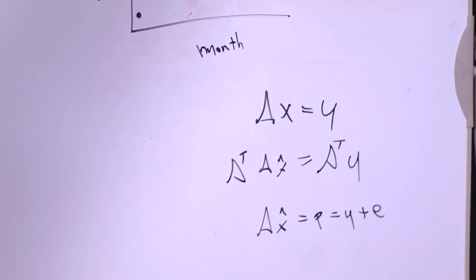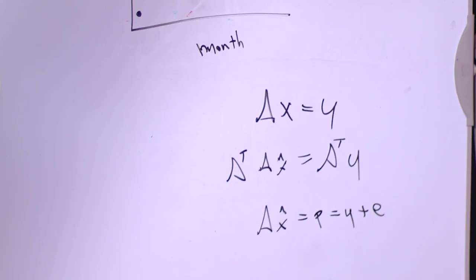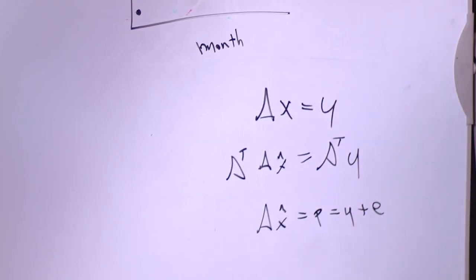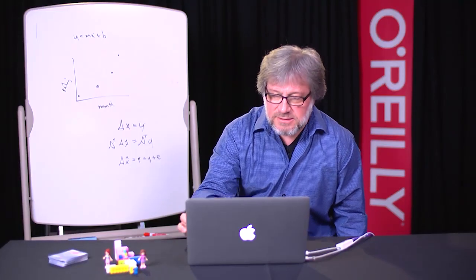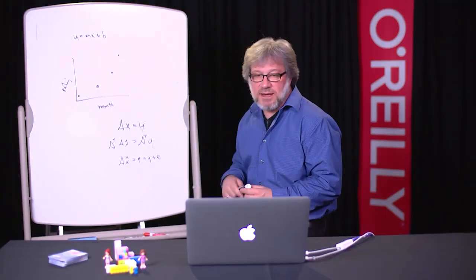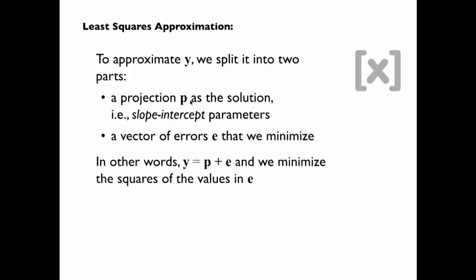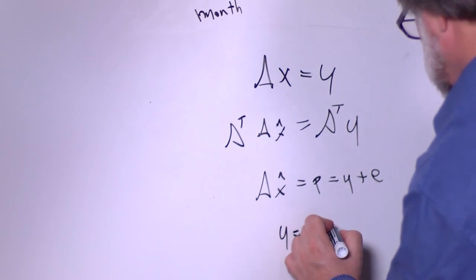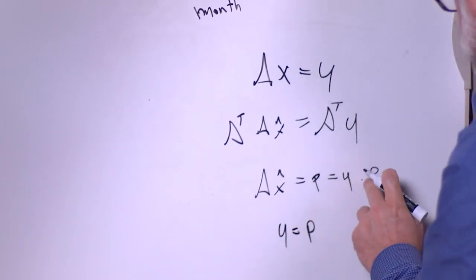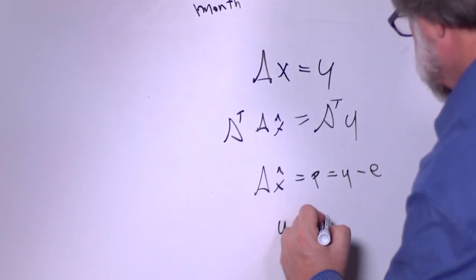So when we approximate, when we fit, we're going to have some error terms. Those are going to be in the e's. So effectively, we're taking y and splitting it into two parts, the p's and the e's. Another way to write this: y equals p plus e.